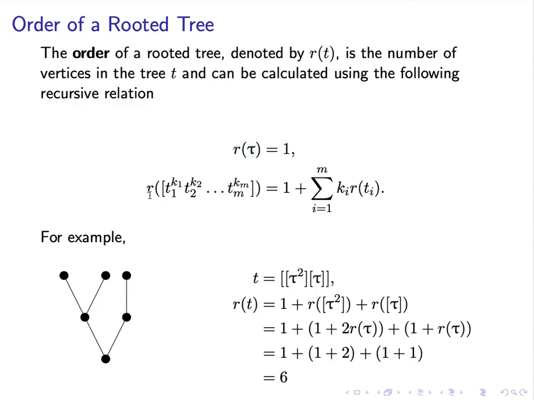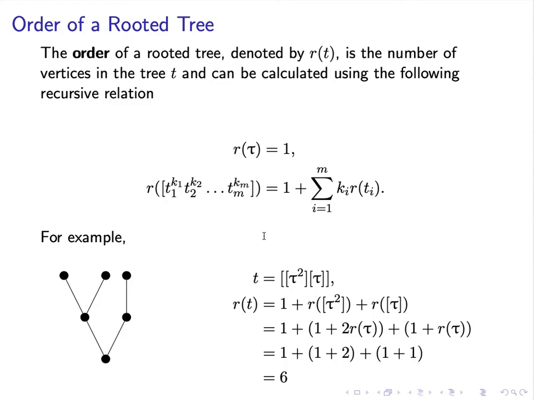The order of a rooted tree is 1, which accounts for the root node, plus the sum of the orders of all subtrees multiplied by the number of times that each subtree appears. This might look quite complicated. It's a recursive relation, so we have to do a number of steps to actually calculate what the order is.